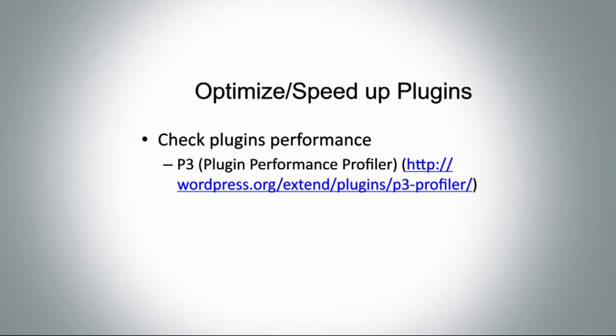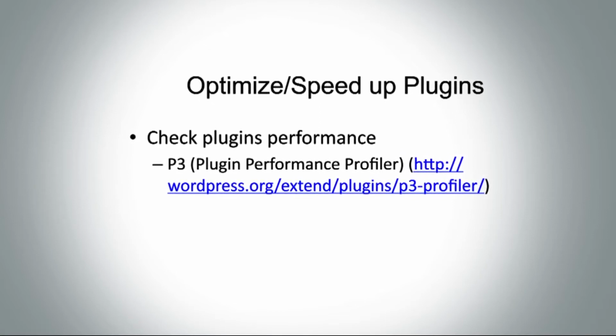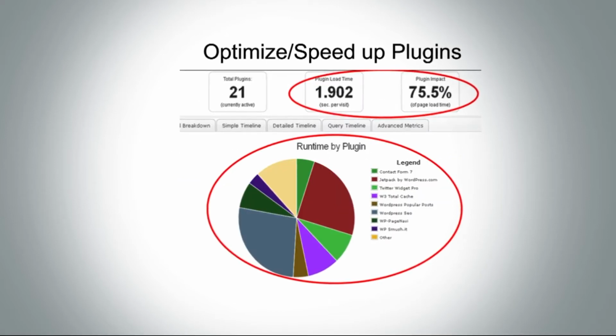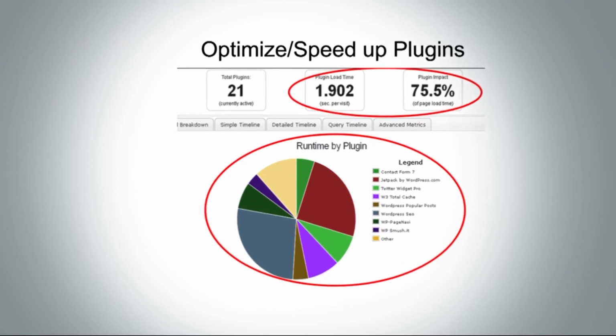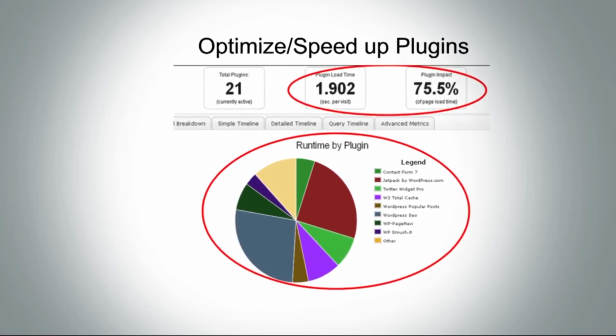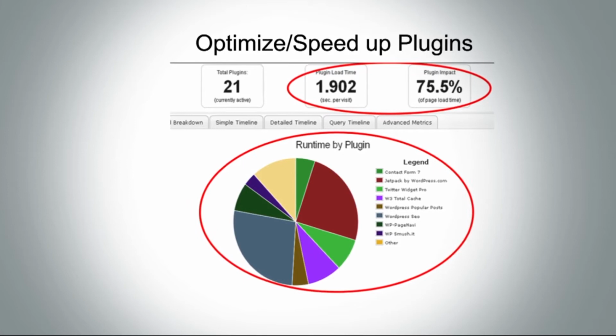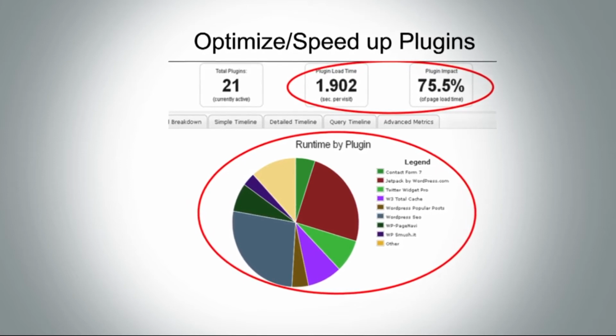Upon getting that performance check, we can conclude that this plugin is taking that much time. We can kick out that plugin and use another plugin, or use our own function in the functions.php file. So I recommend here Plugin Performance Profiler, and I have shown you a result on my own site. I have tested this, and it shows in a pie chart the percentage of time each plugin takes.